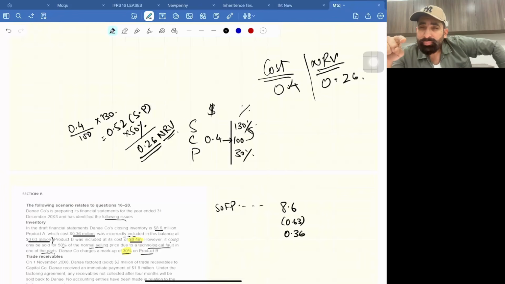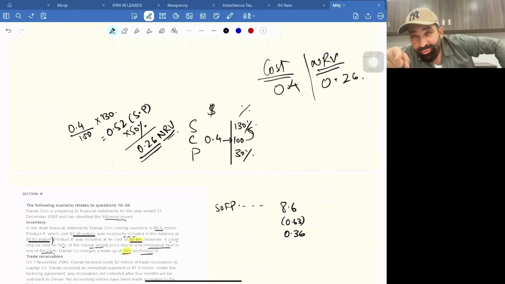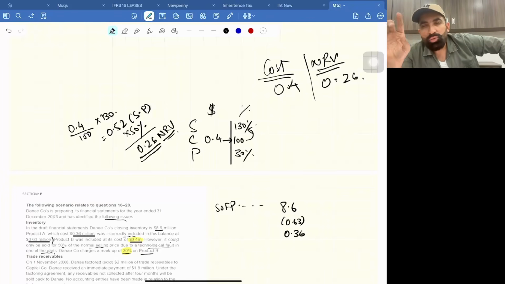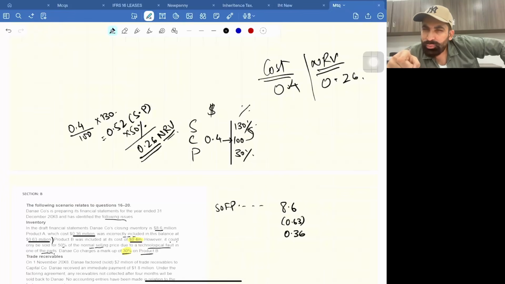The accountant recorded this inventory at cost, but in reality it should have been recorded at NRV. So again, they recorded at 0.4, but it should have been recorded at 0.26. Don't use a complicated approach.